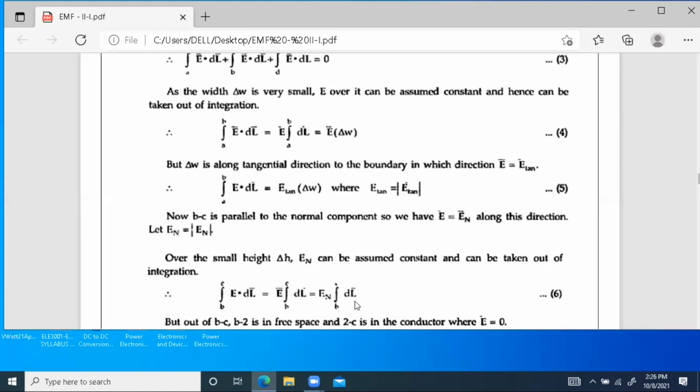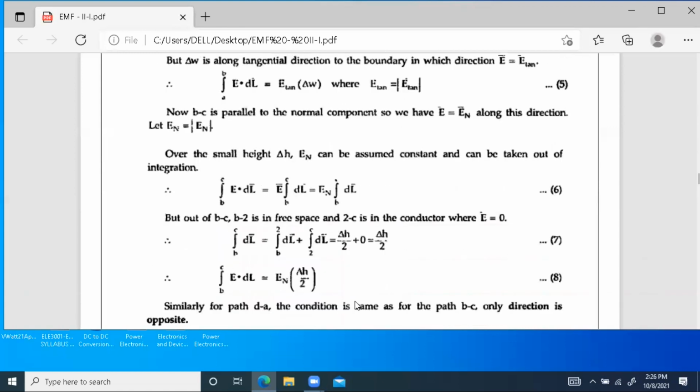Same thing we do with the E tangential. But out of B to C, B to 2 is in free space, and 2 to C is in the conductor, where E is 0. So delta L now becomes this. This is 0.